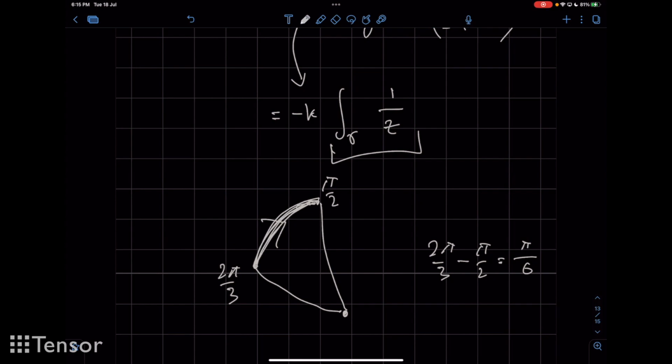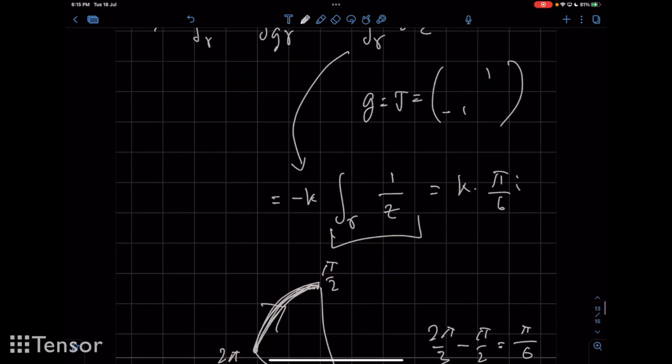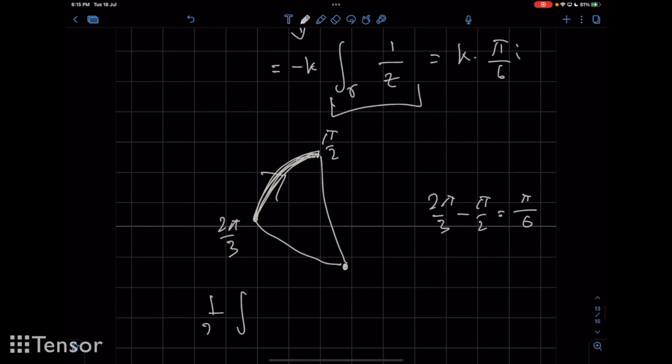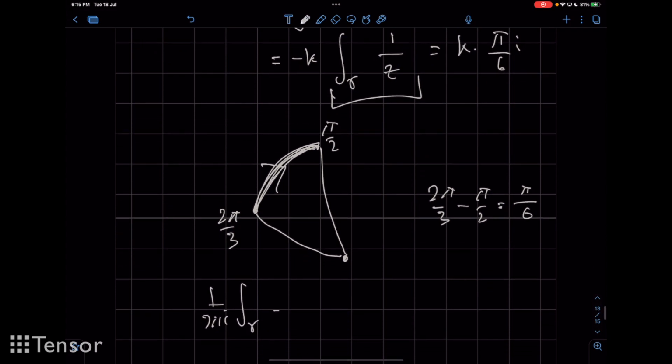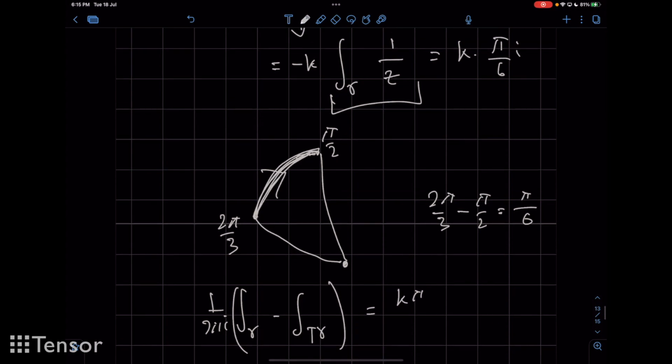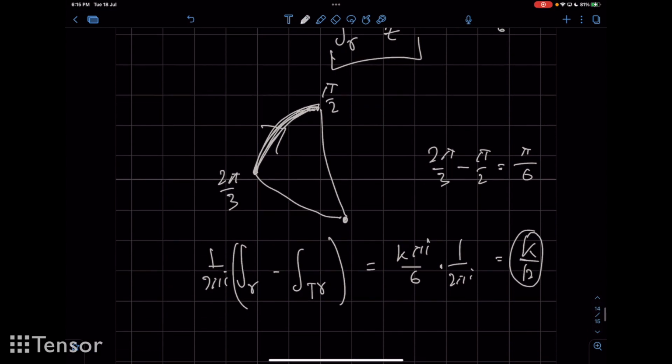Yeah, and it should be negative, right? So the negative here and the negative here cancel out each other. So we have k times pi by 6 i. And this is just the integral. Of course, we need to divide it by 2 pi i. So this is k pi i by 6 divided by 2 pi i. It's k over 12. Yay, finally we have our valence formula.